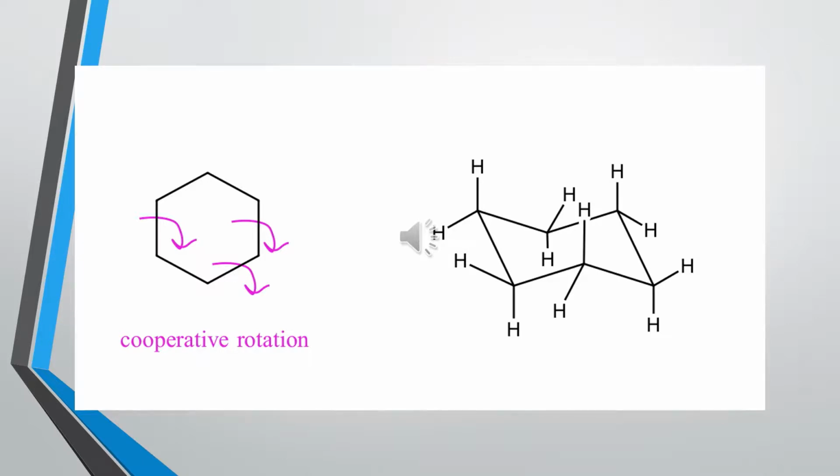If you can imagine that perspective. And again, make a model and see this for yourself. What we call that is the chair conformer of cyclohexane. Why the chair? Because it kind of looks like a chair, like a lounge chair. The left-hand portion is where your head goes, the right-hand portion is where your feet go. It looks kind of like a beach chair or a lounge chair. This is the chair conformation of cyclohexane.